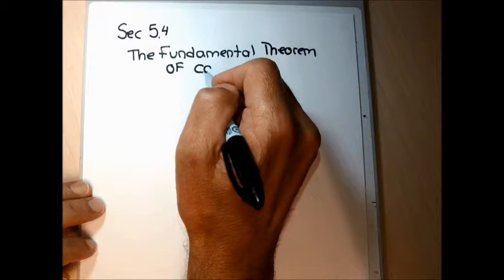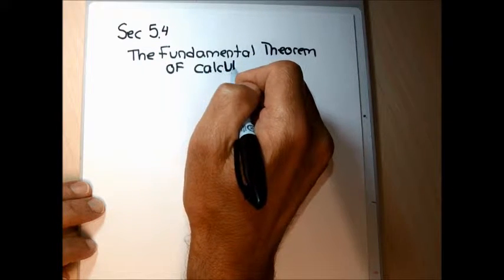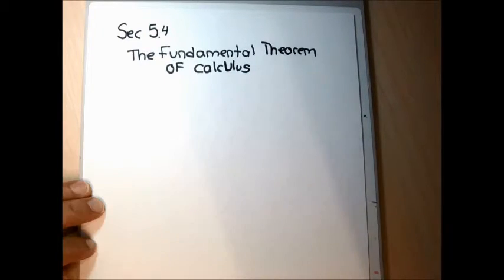In the last section, we found areas. We estimated areas using trapezoids, and then we found exact areas using our calculator. In this section, we'll learn how to find the exact areas using calculus.